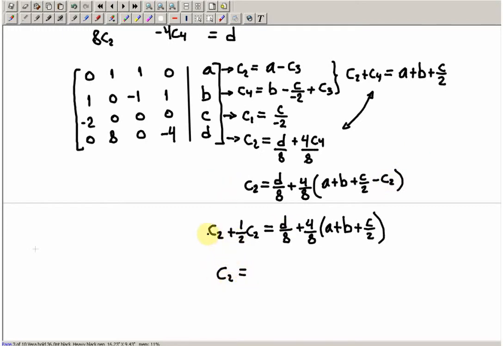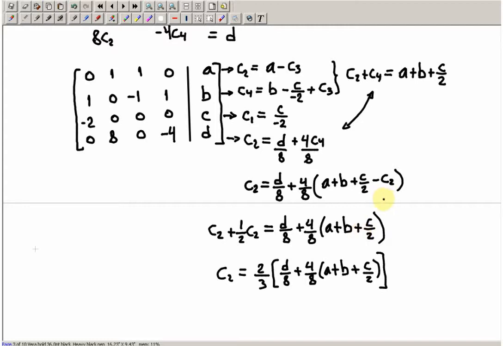This is 3/2, but when I divide by 3/2, it becomes 2/3 on the other side. So D over 8 plus 4/8 A plus B plus C over 2. That's C2.